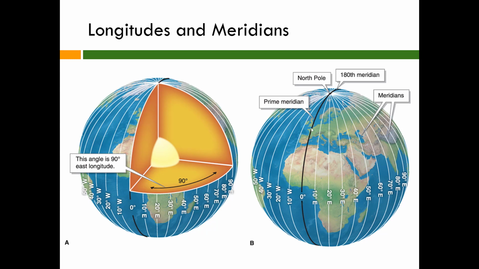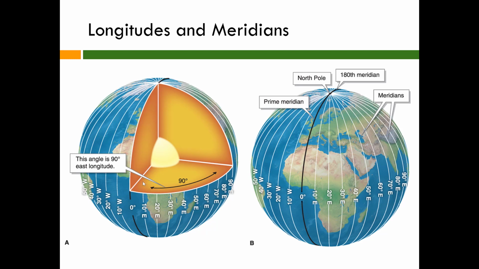So if you're facing this 0 degree, on your right hand side, that is our eastern hemisphere. So you can see all these with E, right? Okay, to the left hand side, that is our western hemisphere. So you can see all with W. So you also need to do that: W for western hemisphere, and E to indicate eastern hemisphere.